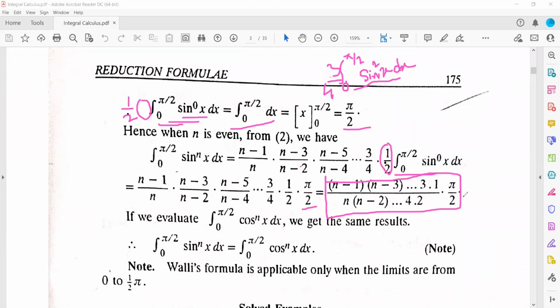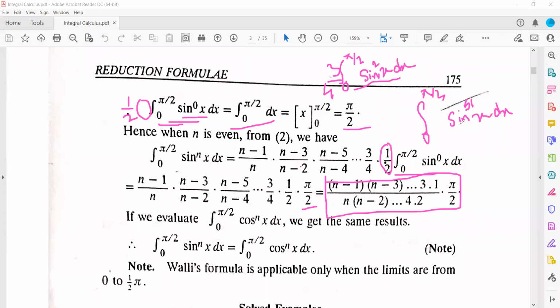So both formulas you must remember. So if a question comes, find the value of this integration, say 0 to pi by 2 sine to the power, suppose 51 x dx.